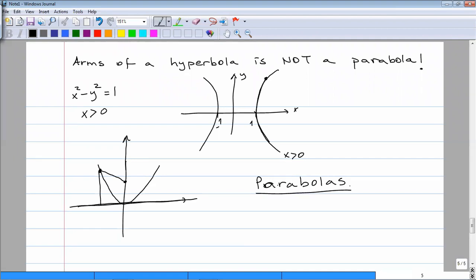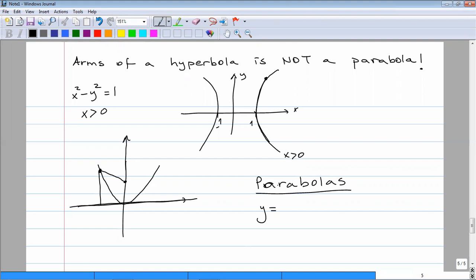So for parabolas, if you give y in terms of x, the most general form is this. As I said before, there is a definition of a parabola in terms of distances to a fixed point called the focus and a fixed line called the directrix. But here we are using coordinates.